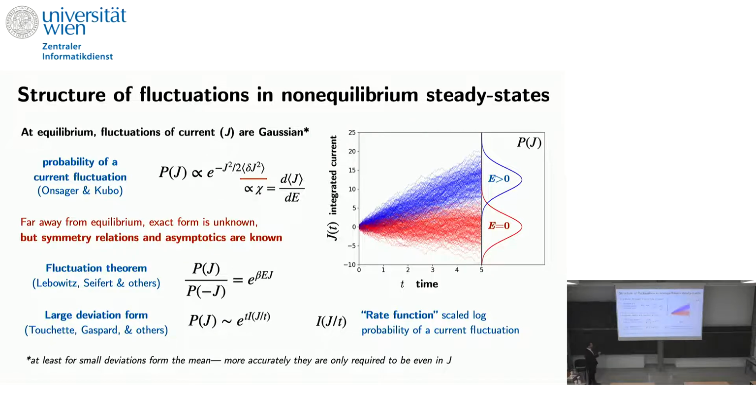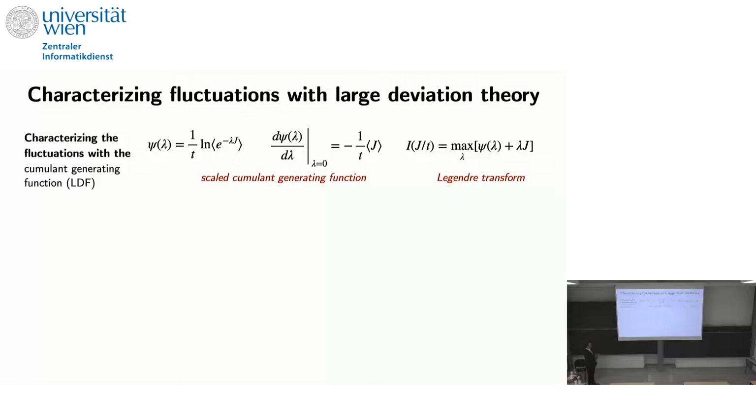And in fact, this large deviation form becomes a very useful tool, as we've heard a lot this week. For example, it turns out to be a little bit difficult often to compute the rate function directly, so one tries to compute a cumulant generating function instead. That's just a Laplace transform. I'm implicitly working in steady states here, so I've neglected the explicit t goes to infinity limit, but that should be implied throughout everything I tell you.